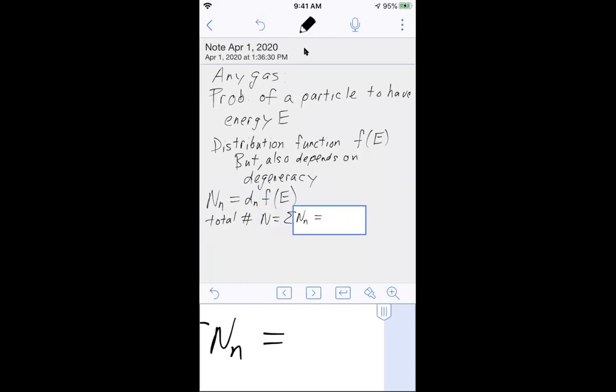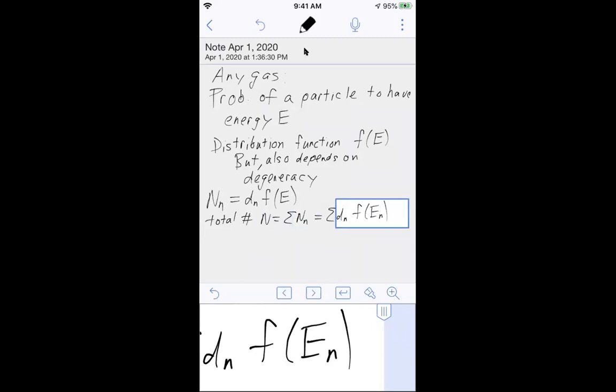So that's going to be the sum over all the degeneracies times this distribution function.